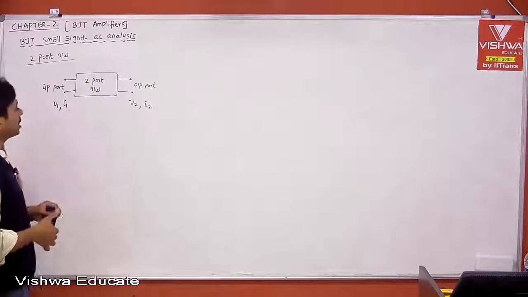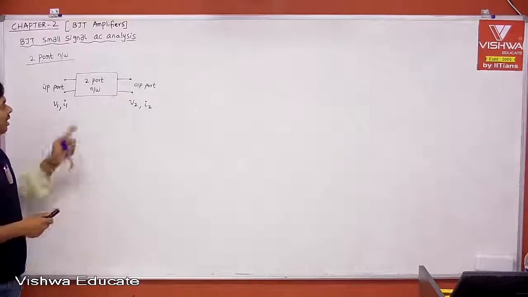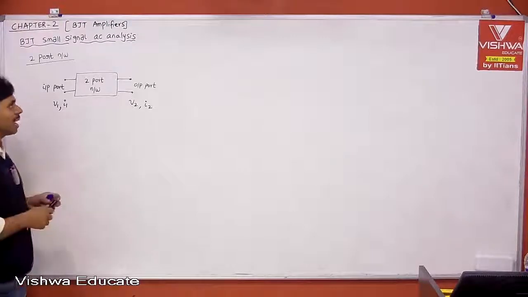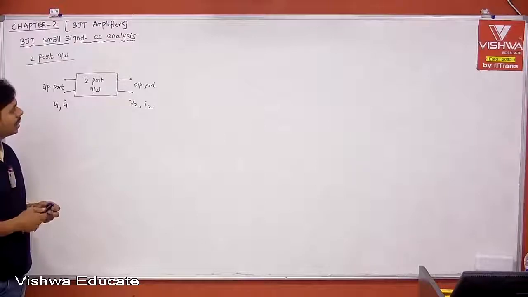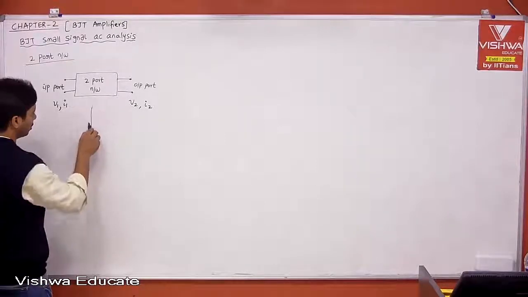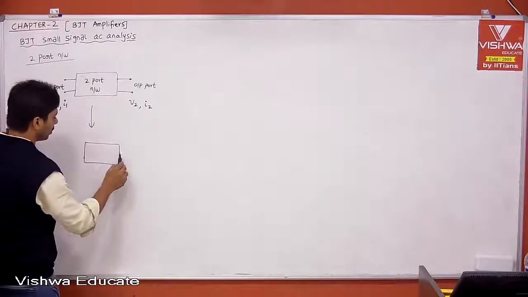But a two-port network has 4 terminals. So I want to make 3 terminals, with 1 terminal common for both the input and output. Therefore, I can use the two-port network analysis for the BJT also, where the BJT has only 3 terminals, right? So can I write it as a 3-terminal device where 1 terminal is common for both input and output?